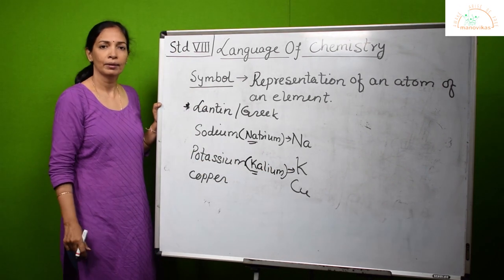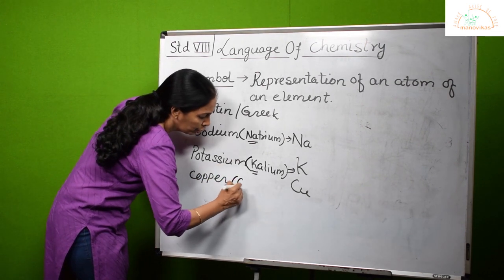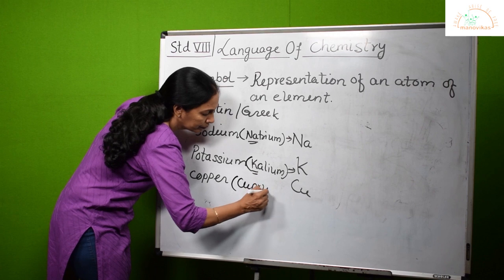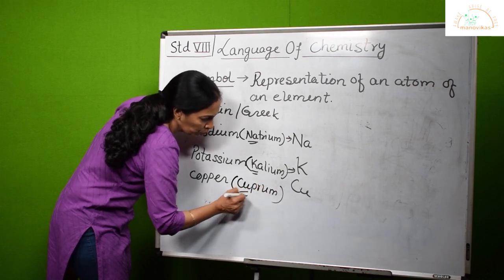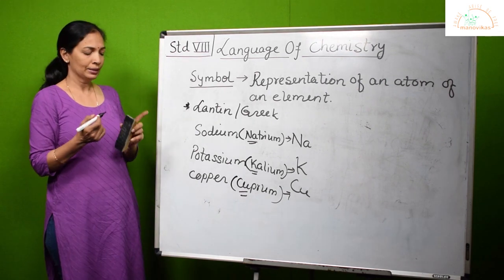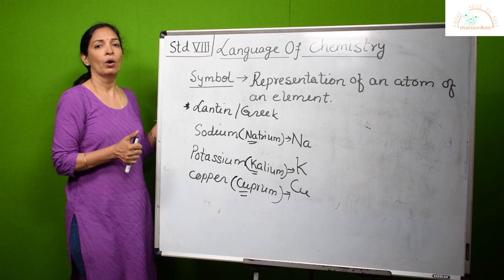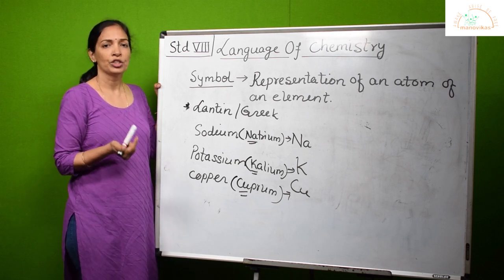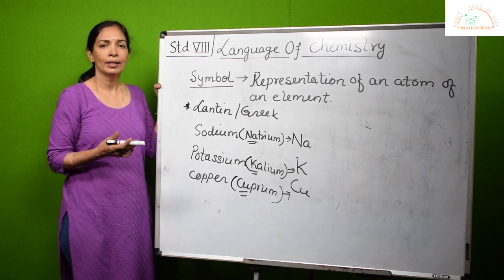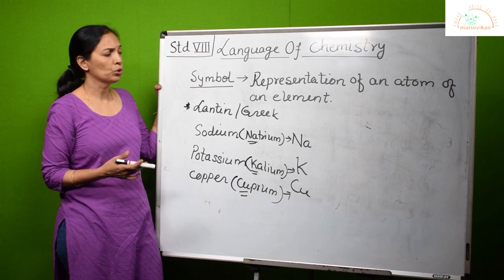Copper is cuprum, so this Cu is taken as the symbol. There are other examples also. Ferrum for iron, Fe. Gold, aurum. Silver, argentum. Mercury, hydrargyrum. Lead, plumbum. Tin, stannum, and so on.